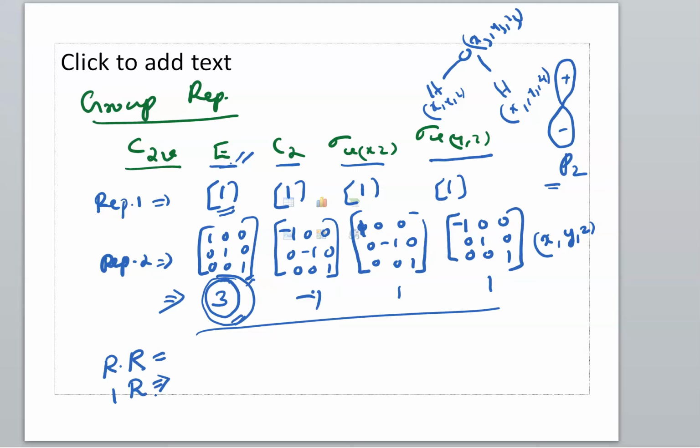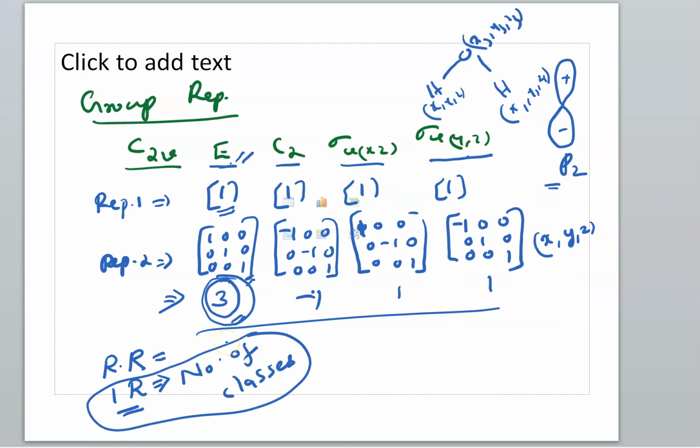The number of irreducible representations is equal to the number of classes in the group. In the case of C2V, there are 4 classes, therefore 4 irreducible representations are possible, which we will study later. But for now keep in mind that the number of irreducible representations is equal to the number of classes. For C2V there will be 4 irreducible representations.